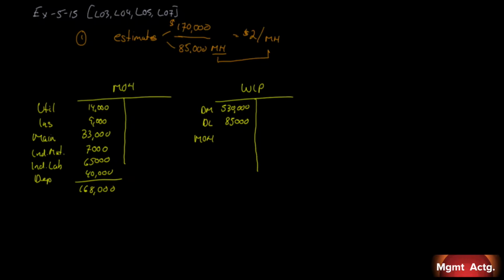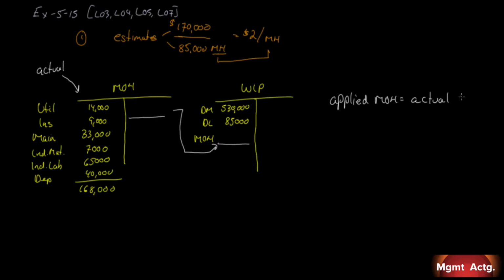But you'll remember that actual costs enter manufacturing overhead as a debit, but applied costs leave. What we need here in work in process is an applied cost, which must come from here. So this number must come from here. The question is, what is this number? Well, we know that our predetermined overhead rate is $2, and we know that our actual machine hours are 80,000. So remember, step number 2 to figure out applied manufacturing overhead equals our actual activity base.